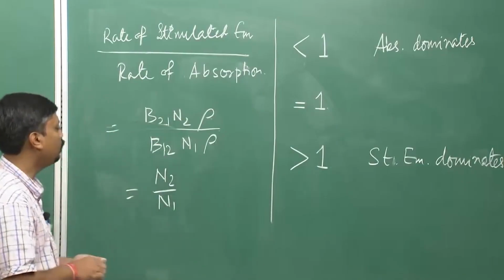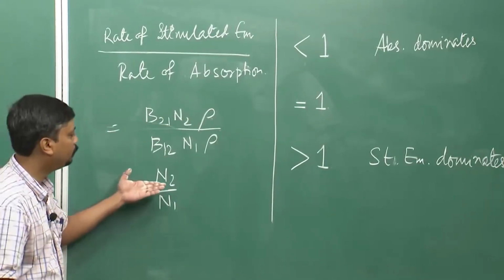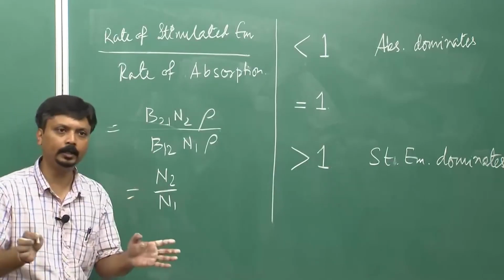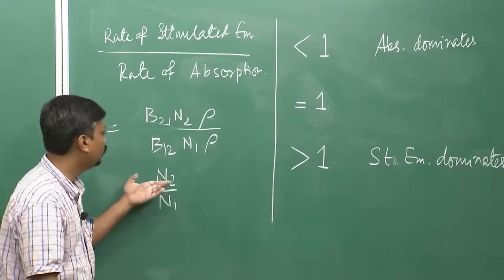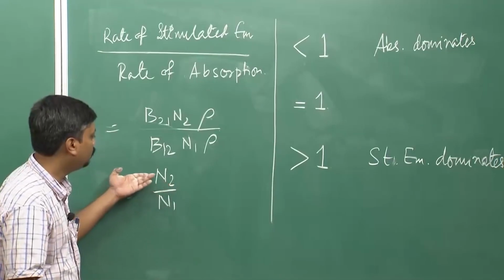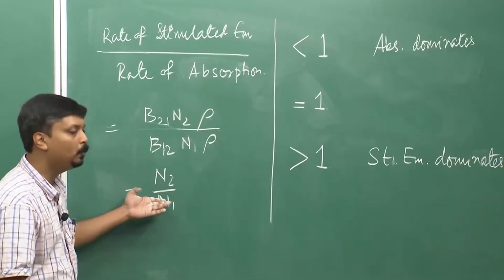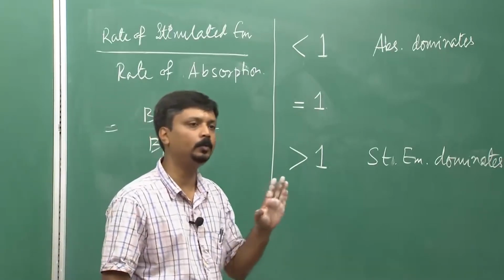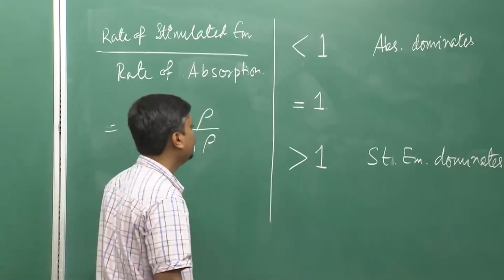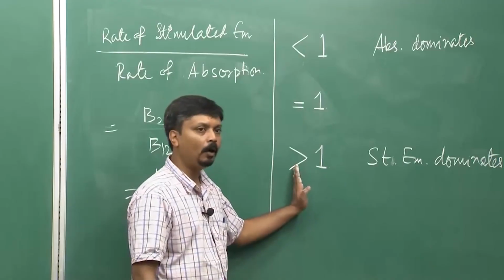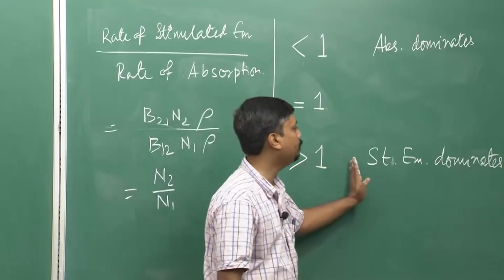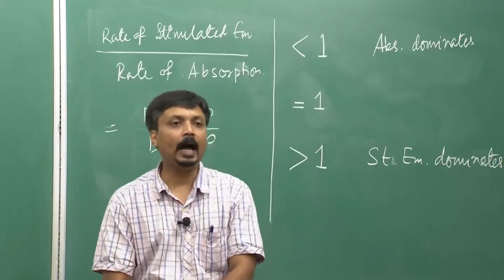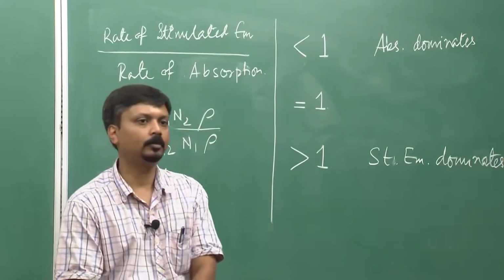So, what we found out is the populations of the two states, and we are still considering a two level model. For the condition where N2 by N1, that is the ratio of the population of atoms at state 2 and state 1, is greater than 1, only then can I have a condition where stimulated emission dominates and I can achieve laser action.